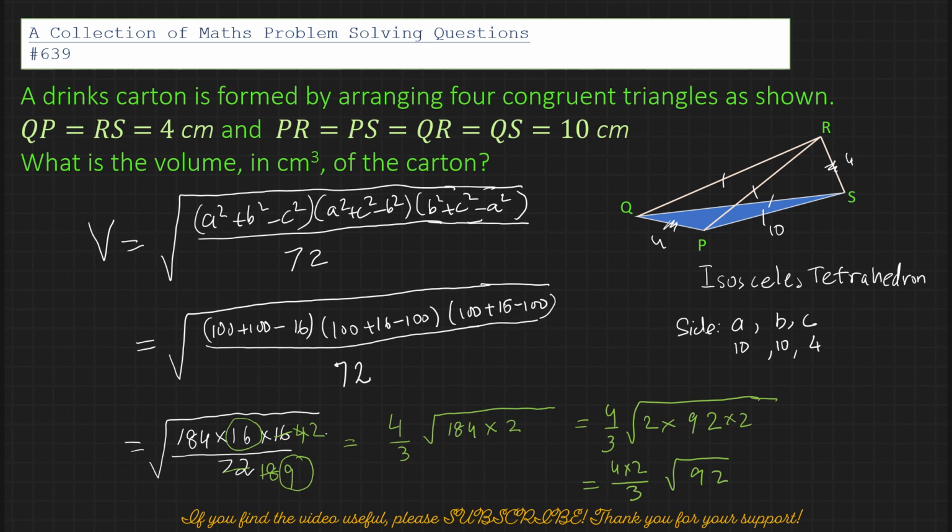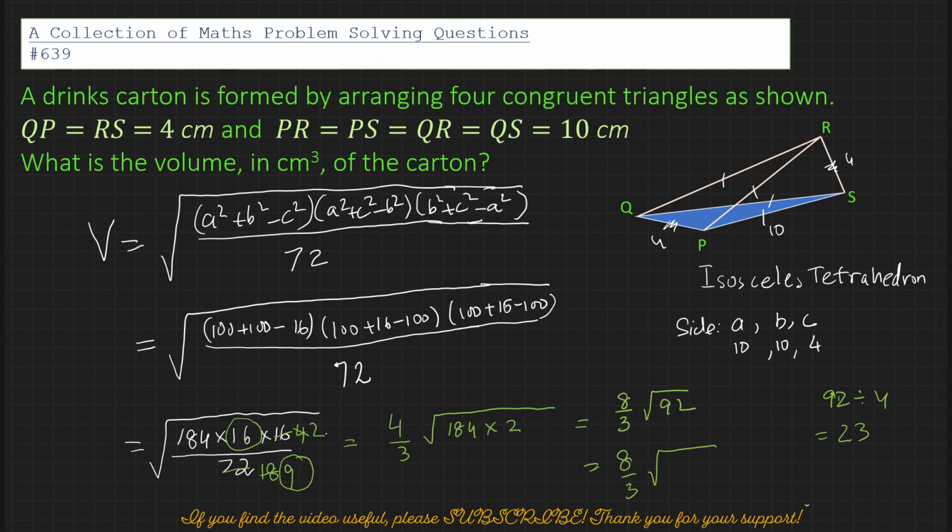So I'm going to write here 8 over 3, square root of 92. And the square root of 92 can be written as, again, if I divide by 4, I'd get 4 times 23, so that is 8 over 3, square root of 4 times 23.